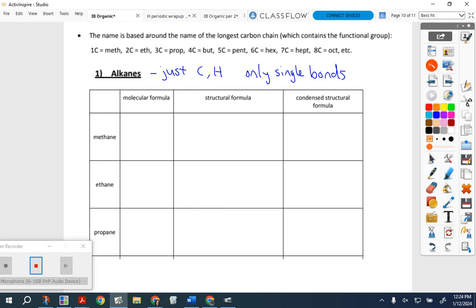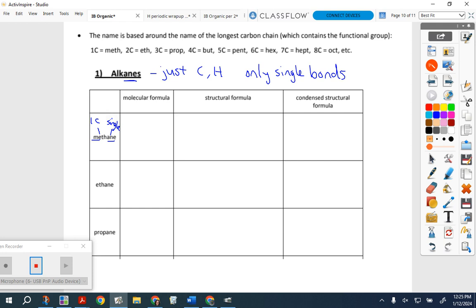So the first parts of this are really very simple. The alkanes, the ANE, that is the ending that indicates you have an alkane, and that you only have single bonds. Okay, so when we have methane, the meth means 1 carbon, and the ane means single bonds.